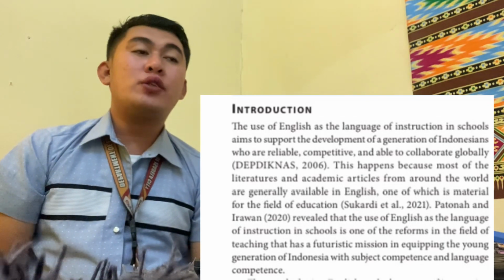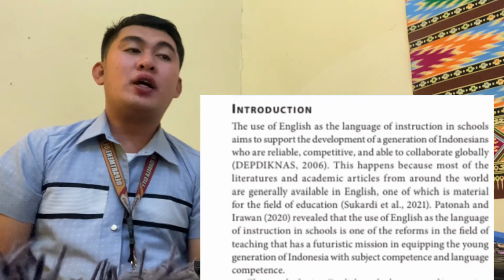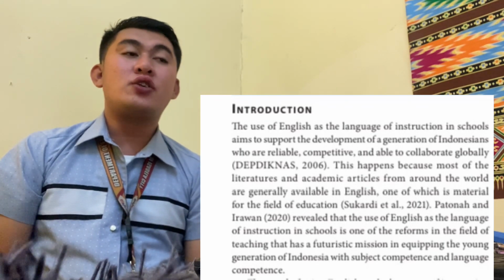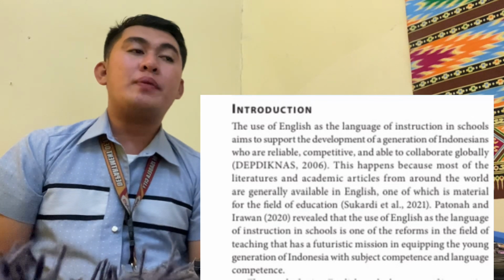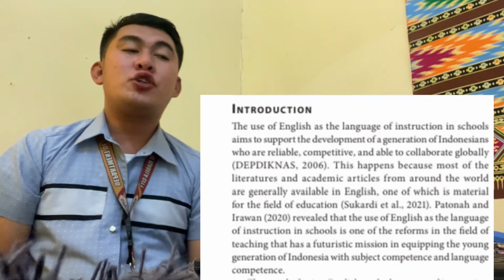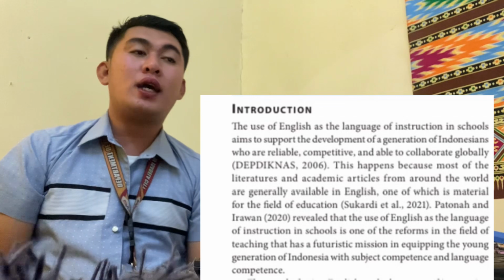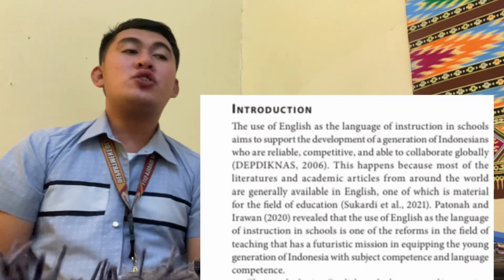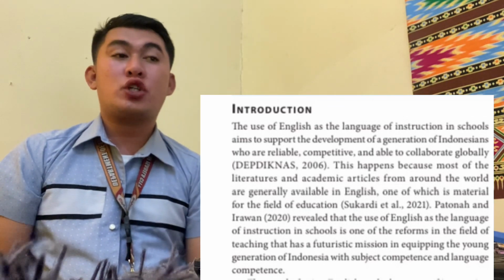Patona and Irawan (2020) revealed that the use of English as the language of instruction in schools is one of the reforms in the field of teaching that has a futuristic mission in equipping the young generation of Indonesia with subject competence and language competence.